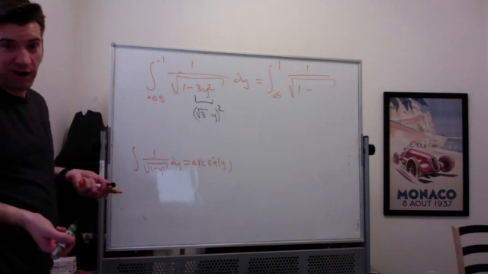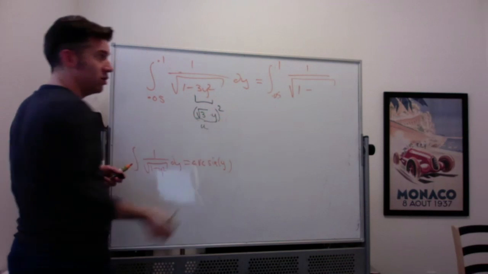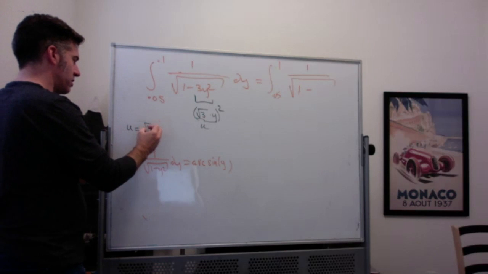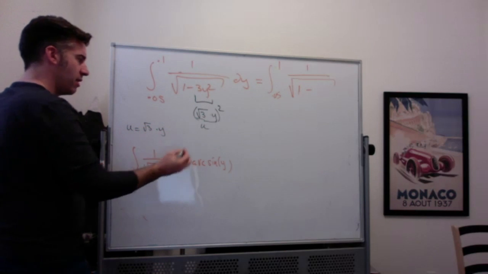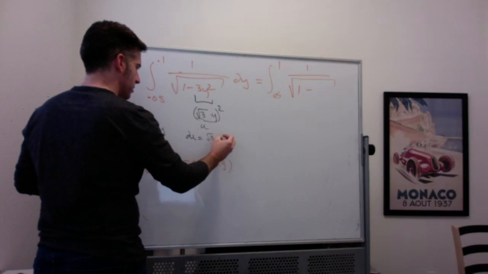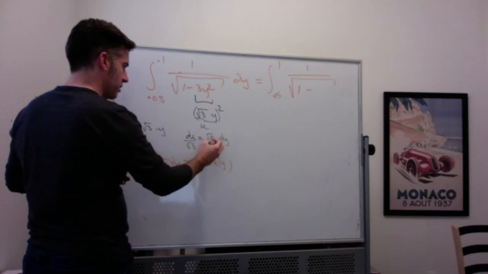And I'm going to choose this to be my u. So that u is equal to the square root of 3 times y. And that du is equal to the square root of 3 dy. Or du divided by the square root of 3 is equal to just dy.